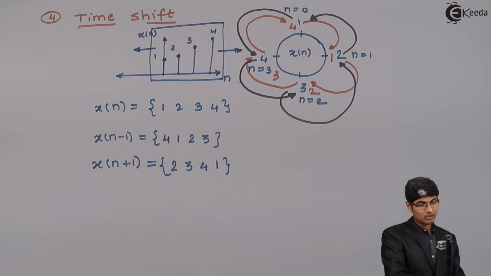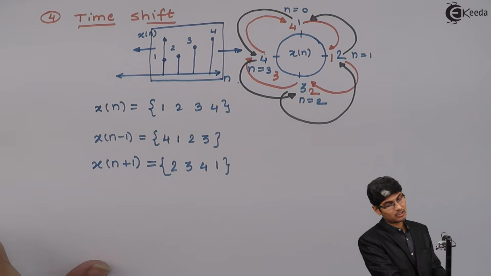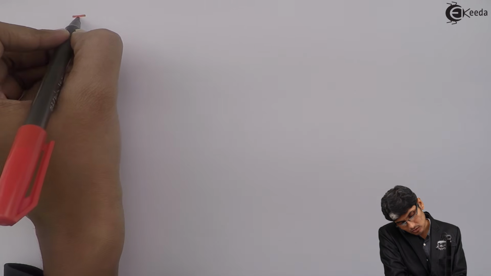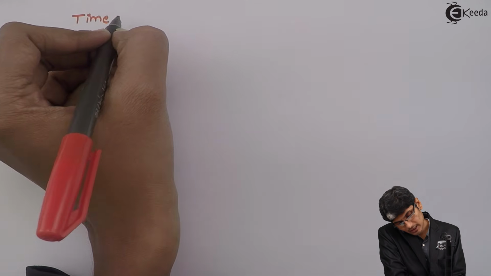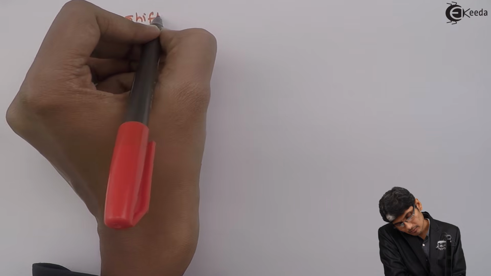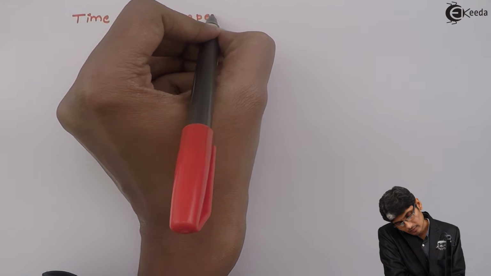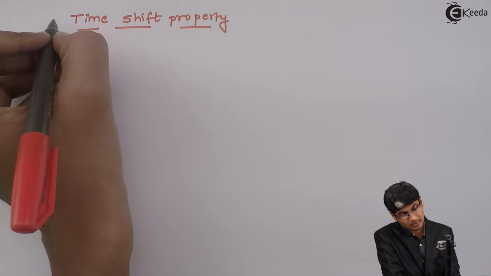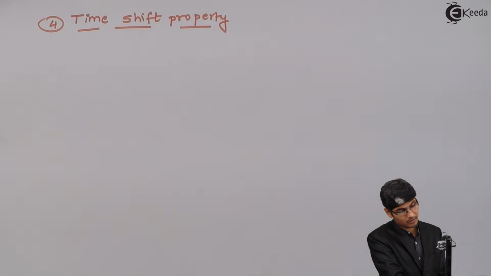Now, as we understood what we mean by time shifting of a periodic signal, let us see the time shift property of the DFT. This is the circular time shift property, which is the fourth property.